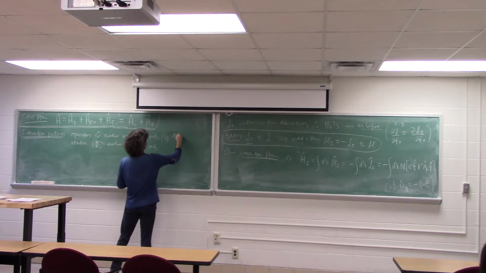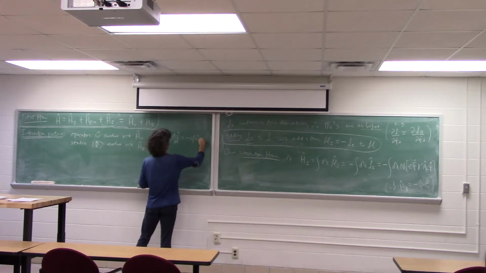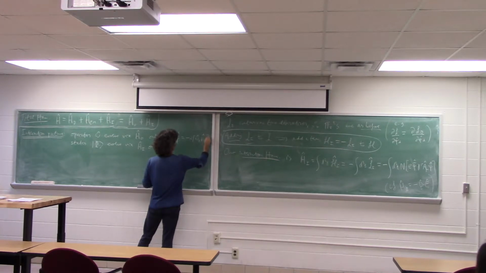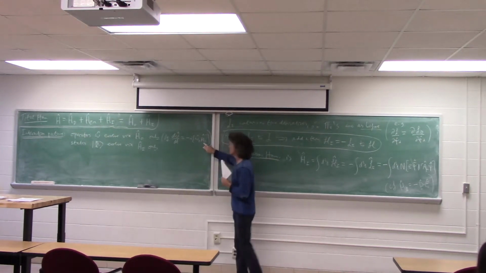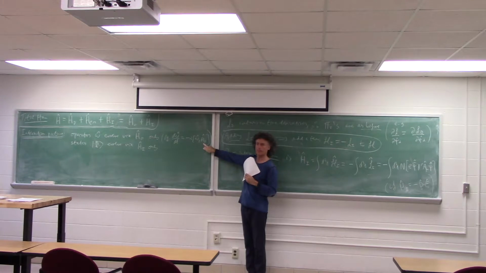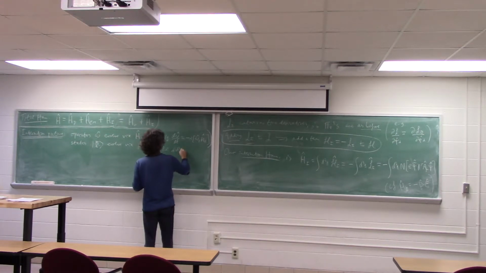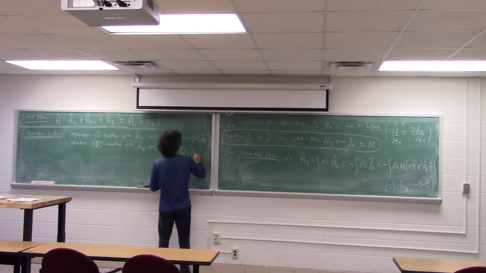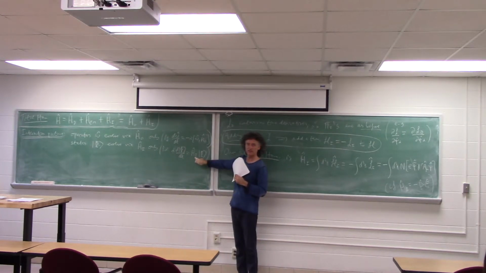So in other words, operators evolve according to the usual Heisenberg equation of motion, but where the Hamiltonian that appears in here is just the free part. Whereas states evolve according to a Schrödinger equation where the Hamiltonian that appears in here is just the interaction part.